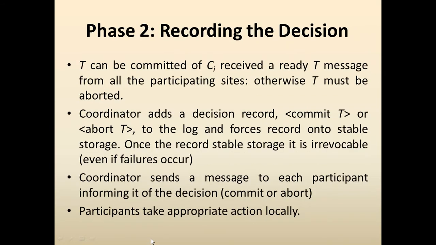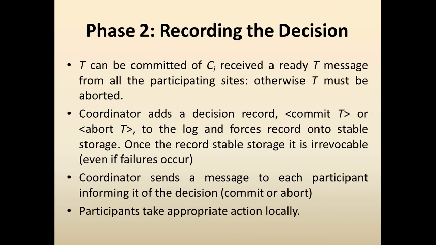Okay. What comes in phase 2? Phase 2 is recording the decision. T can be committed if Ci received a ready T message from all the participating sites. Otherwise, T must be aborted. The coordinator adds a decision record, commit T or abort T, to the log and forces the record onto stable storage.